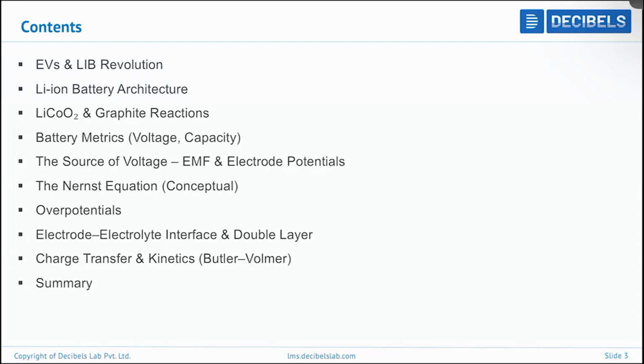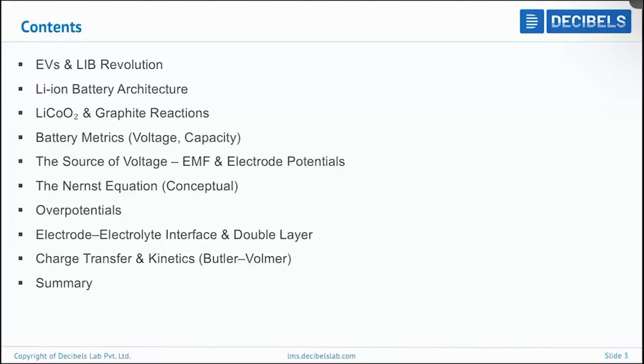Then I'll shift to the voltage and capacity of the battery, what their characteristics are, the factors on which voltage and capacity are defined, and how materials are chosen in order to optimize voltage and capacity. Then I'll introduce you to the voltage, EMF, and the Nernst equation.